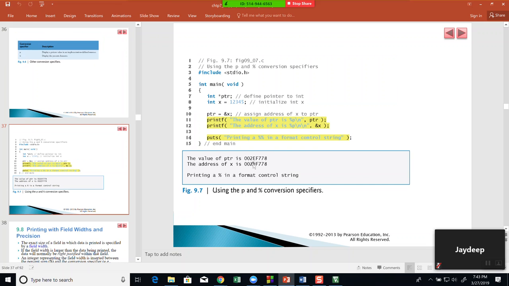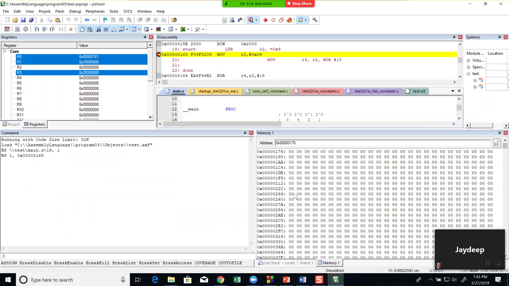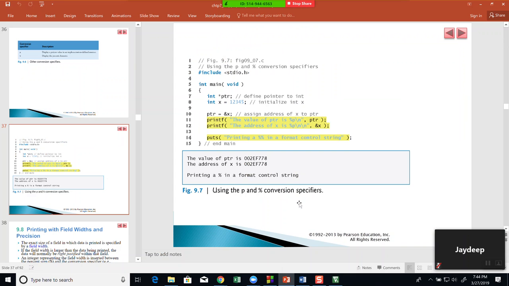But see how this is printing the 002EF778. I don't know if this package would let you actually go to a memory address. Let's see.